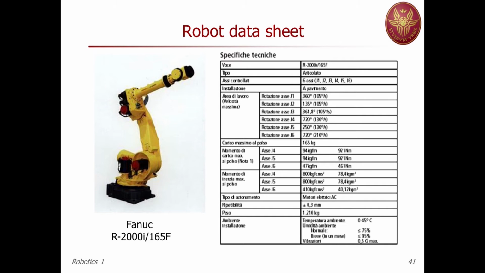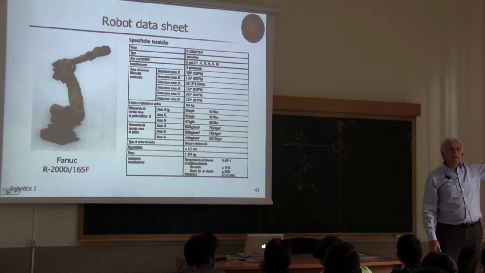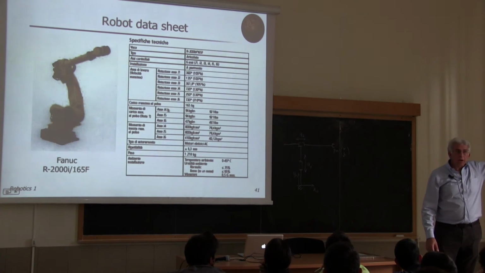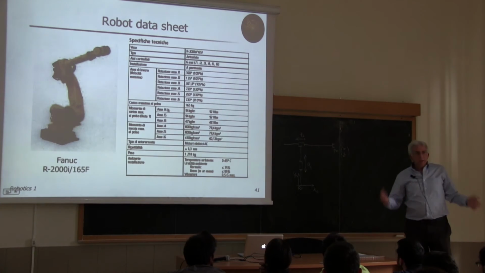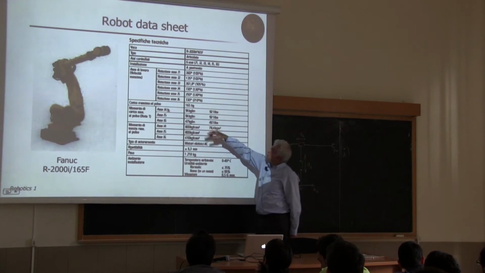And here it's specified you can mount it only on the floor, a pavimento. There are other robots which are mechanically built so as to sustain their own load in any configuration. So you can mount them on the ceiling or on the walls and also on the floor. Okay? In this case, only on the floor.